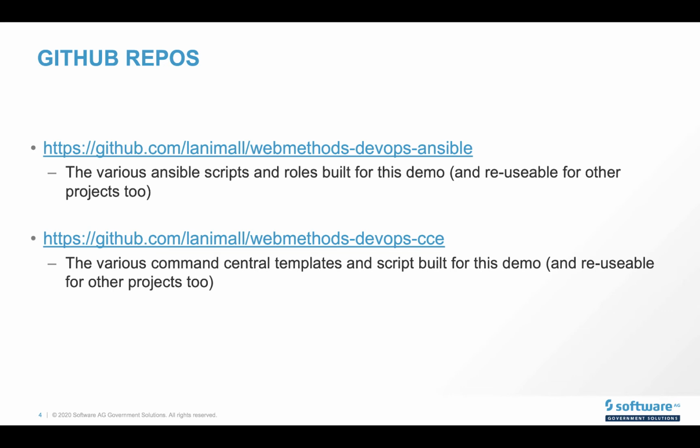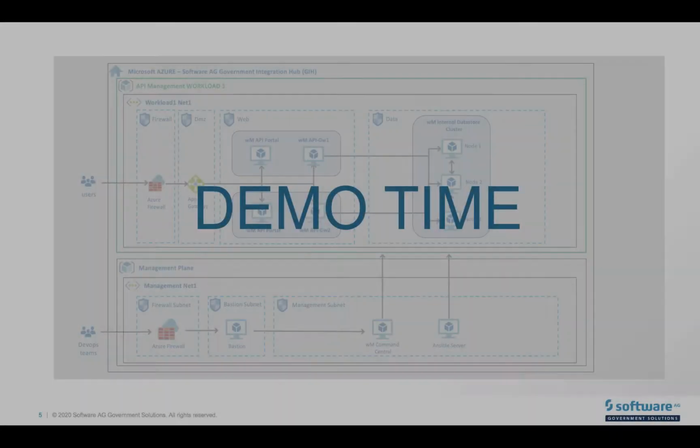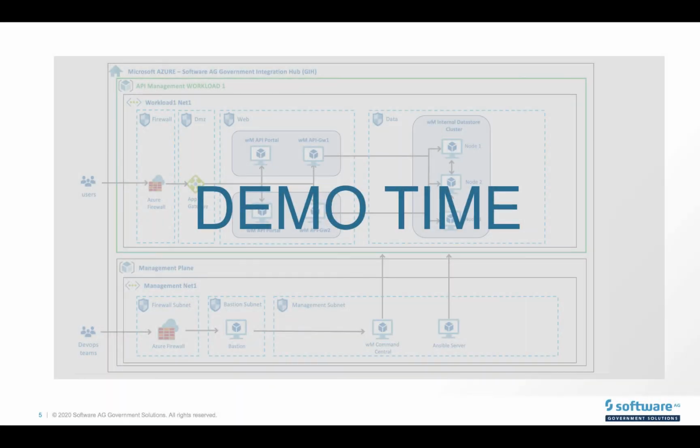And then second, it's a Command Central repo that contains all the Command Central templates and scripts I also created for this. I consider these 2 repositories sort of libraries, in the sense that they are meant to be reused across multiple projects. Okay, let's jump into the demo.